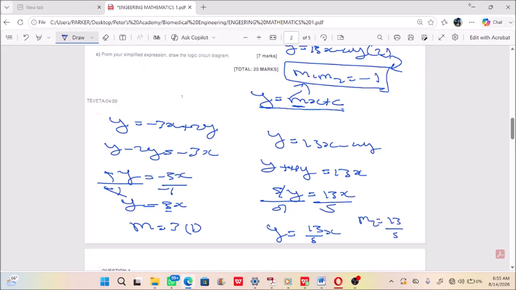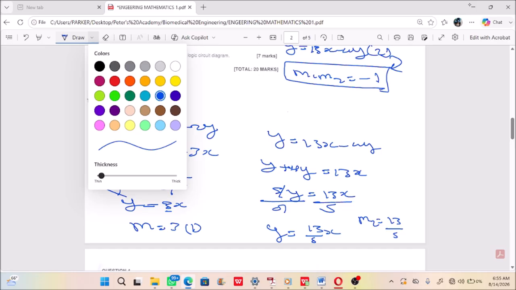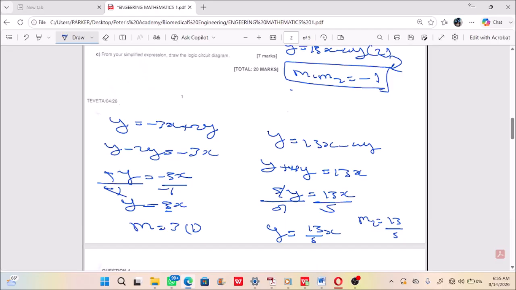Now, with m2 equal to 13 over 5, let's substitute to see if m1 times m2 equals negative 1, because this is the equation that can help us prove whether these two lines are perpendicular to each other. Our m1 is 3, and we multiply it by m2, which is 13 over 5.